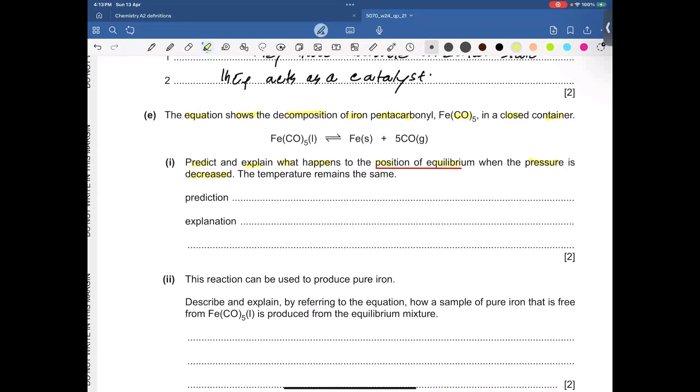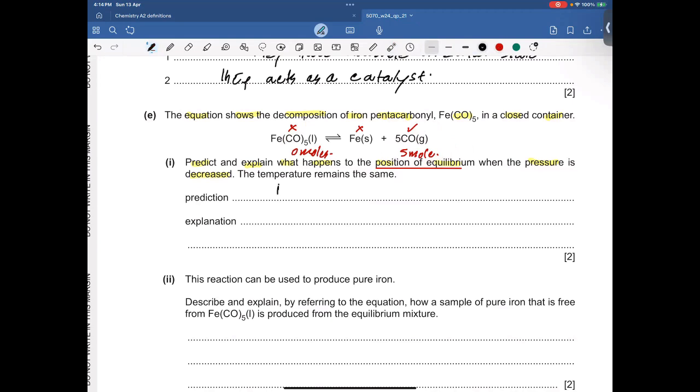And that means we need to find out the greater number of moles in the equation first. So I'm going to ignore this substance because it is a liquid. I'm going to ignore this substance because it is in the solid state. So I'm going to use this substance because it is a gaseous molecule. So it has 5 moles here and it has 0 moles here.